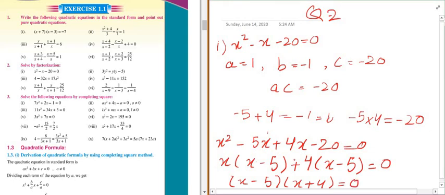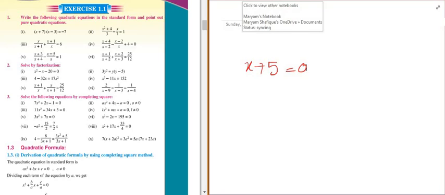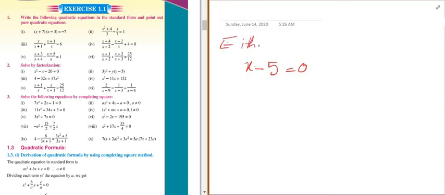Now either x minus 5 equals 0 or x plus 4 equals 0.